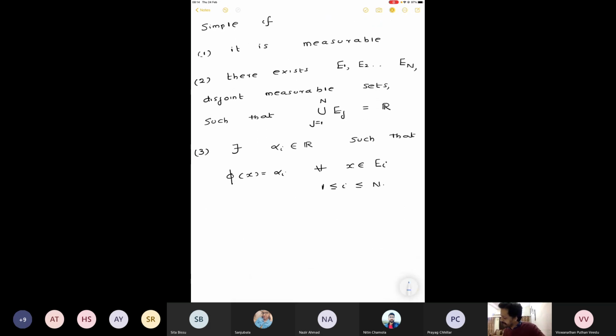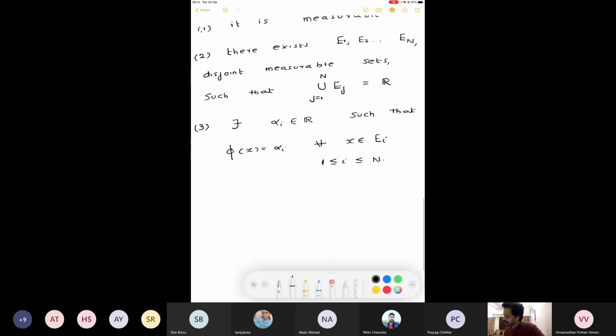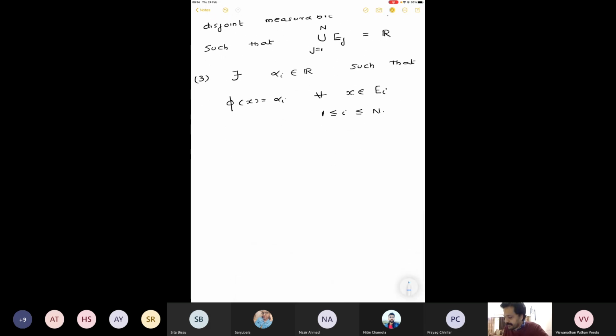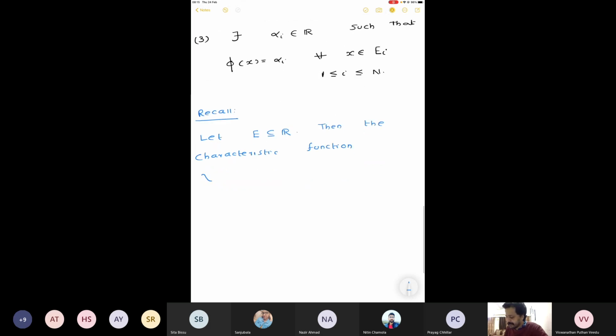For that, I would recall what is known as the characteristic function. Recall: let E be a subset of R, then the indicator function or characteristic function chi E, defined from R to R, is defined as follows.